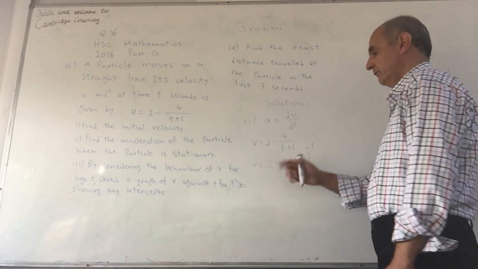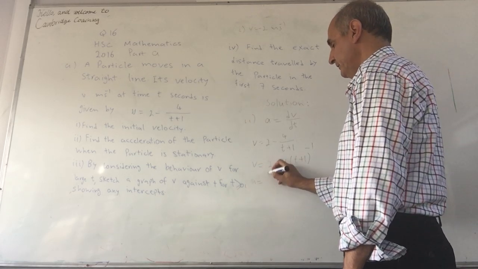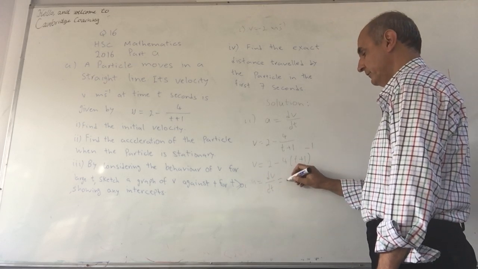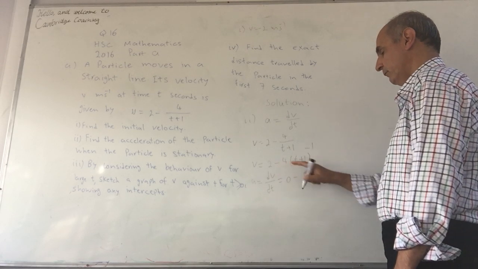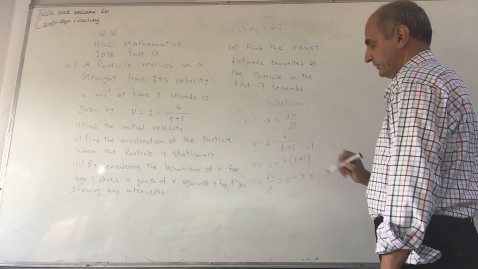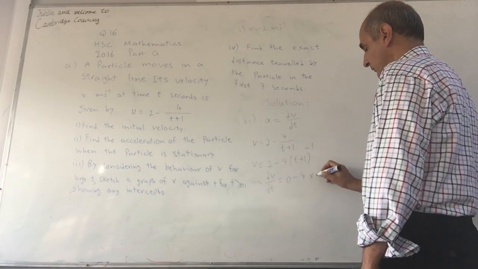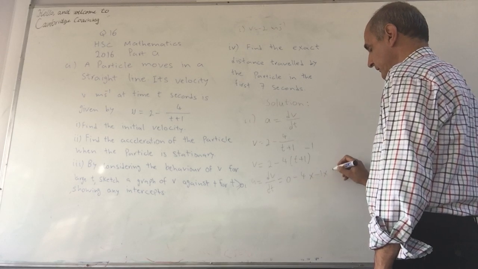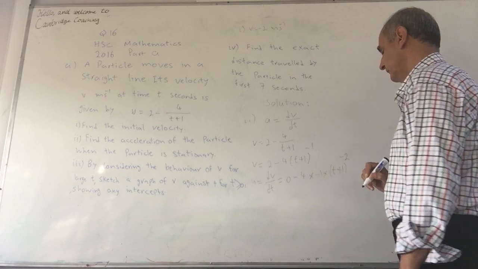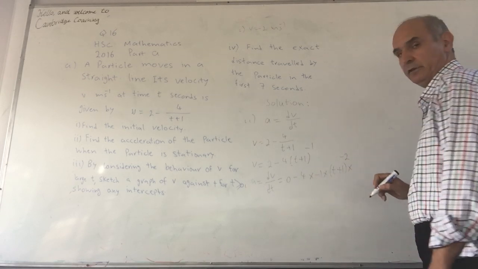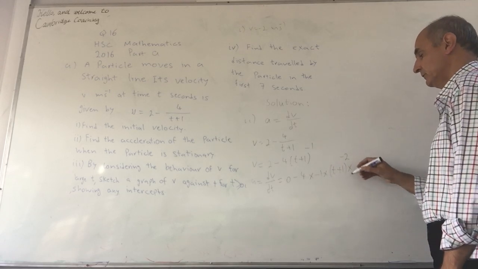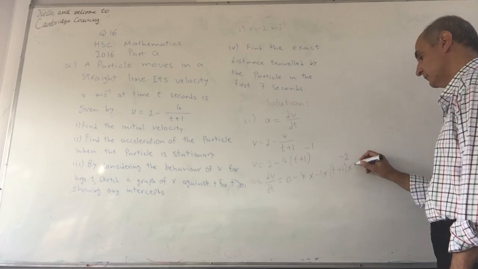Now when differentiating to find acceleration, we know that the derivative of any constant is 0. Minus 4 stays as is, a constant times an expression. The power comes down and is multiplied, then we reduce the power of the bracket by 1, making it minus 2, and we multiply by the derivative of the expression inside the bracket, which in this case is the derivative of t, which is just 1.